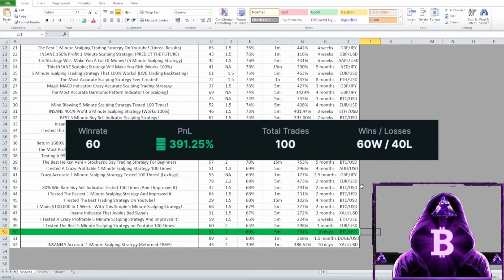Backtesting, and those 100 setups were found within 10 days. We started our account with $1,000 and we were risking 2% for each trade.